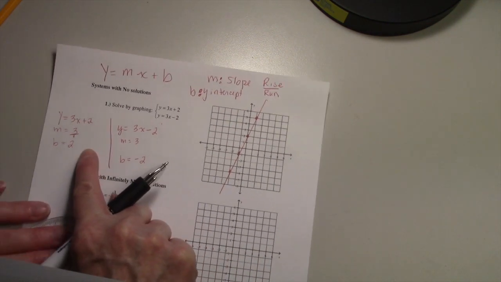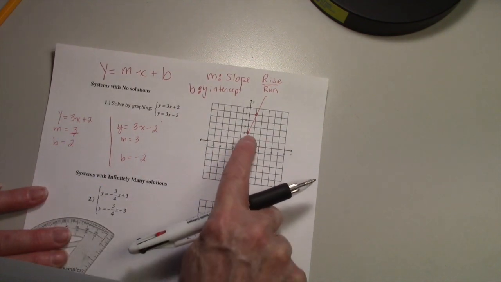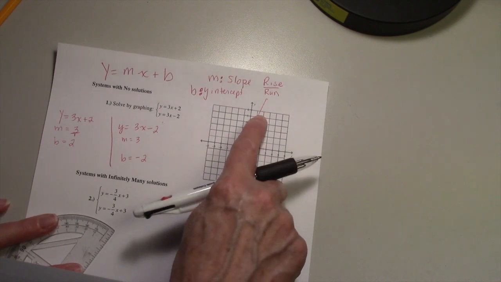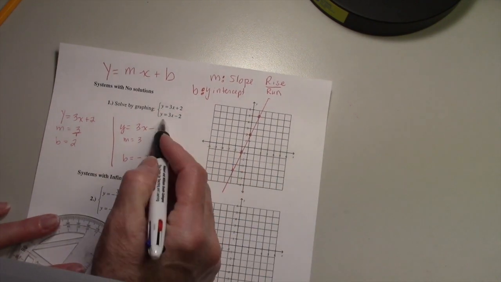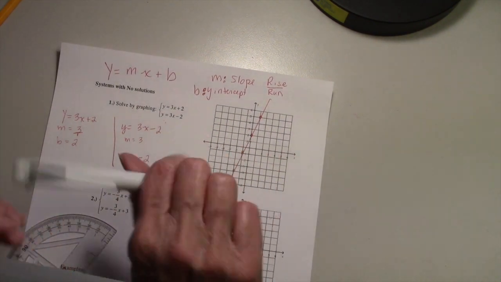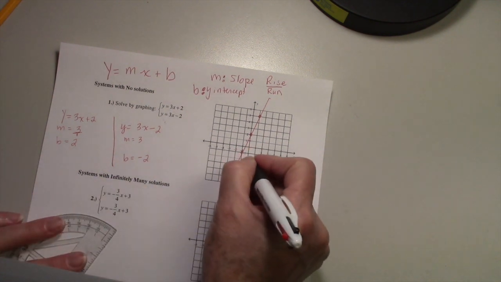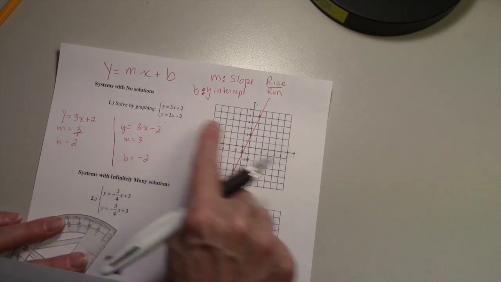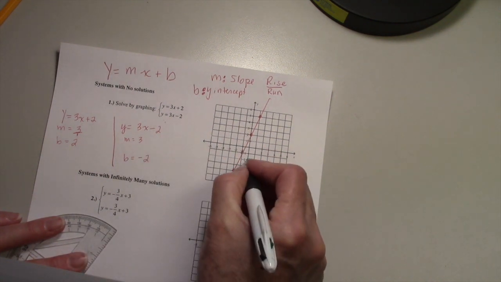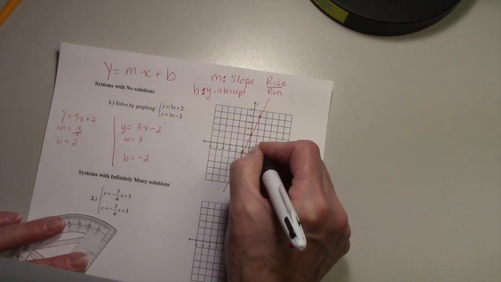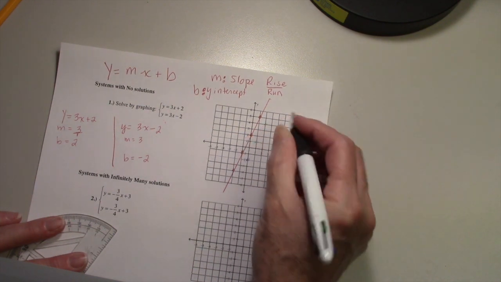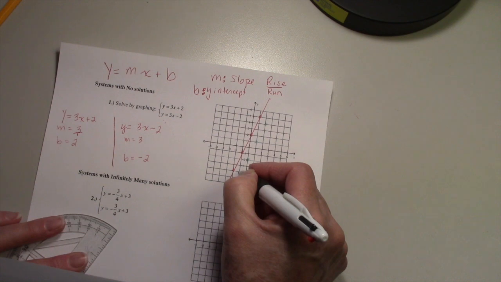So that's the first one. Started at positive 2 on the y, and the slope was 3 over 1, up 3, a positive slope. The second line starts at negative 2, and I'll do this in green. Same pattern, over 1, up 3.